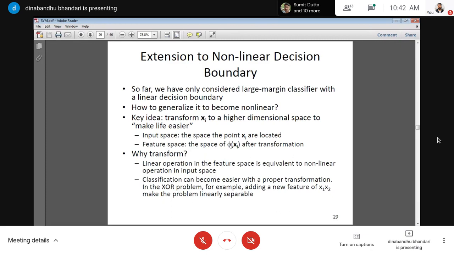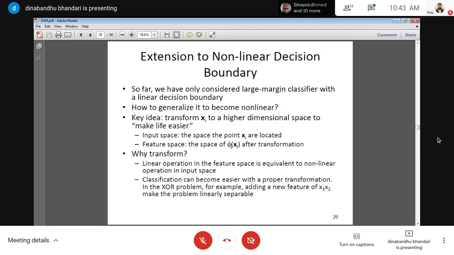We are not finding a curved boundary, but we are compromising some error to make a higher margin between two classes. However, the boundary is obviously still linear. Today we will develop a model that helps us separate non-linearly separable data.